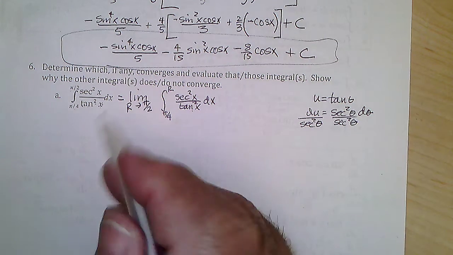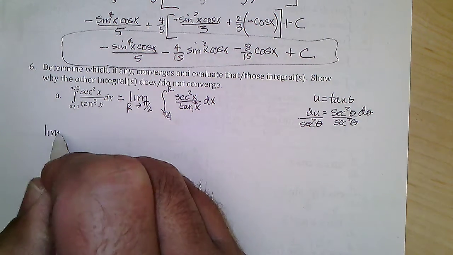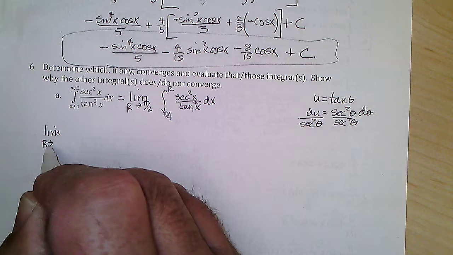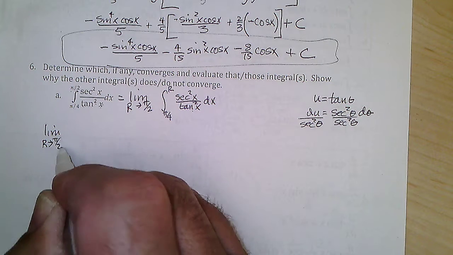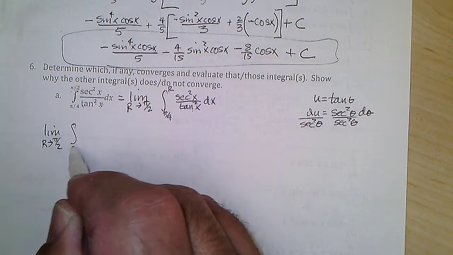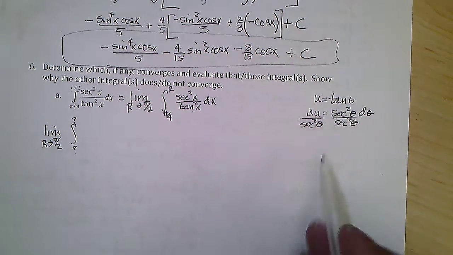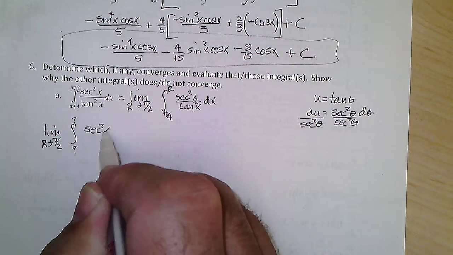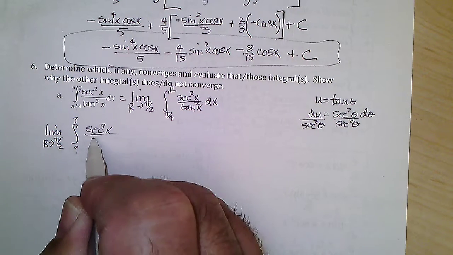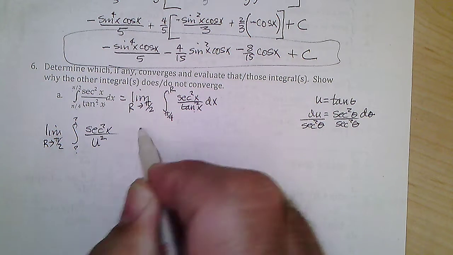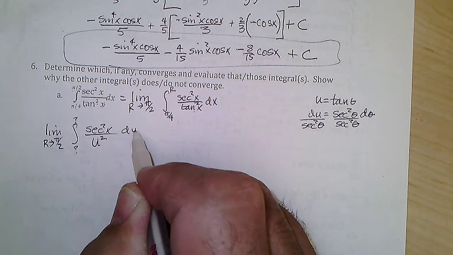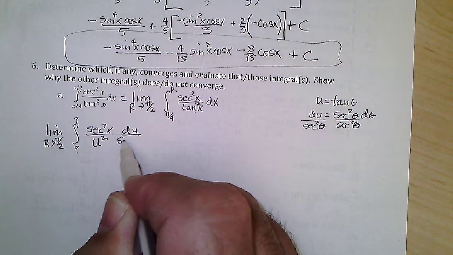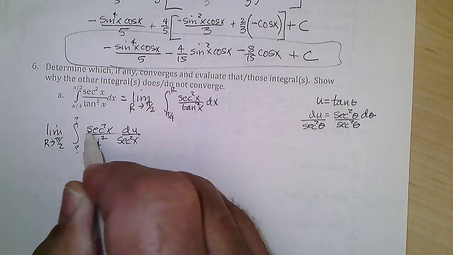And we'd get the limit as r approaches pi over 2 of the integral from question mark to question mark, because we're changing the variable, secant squared x over u squared du over secant squared x.